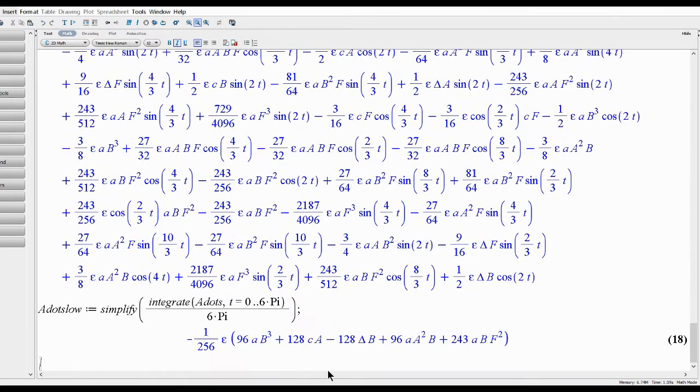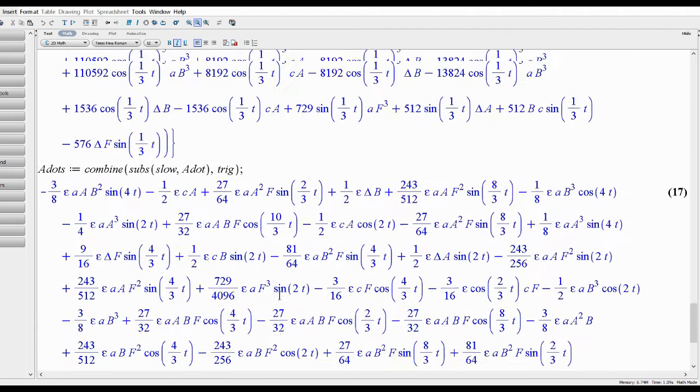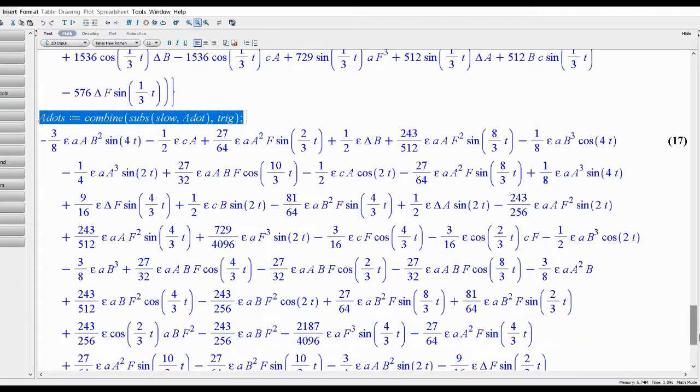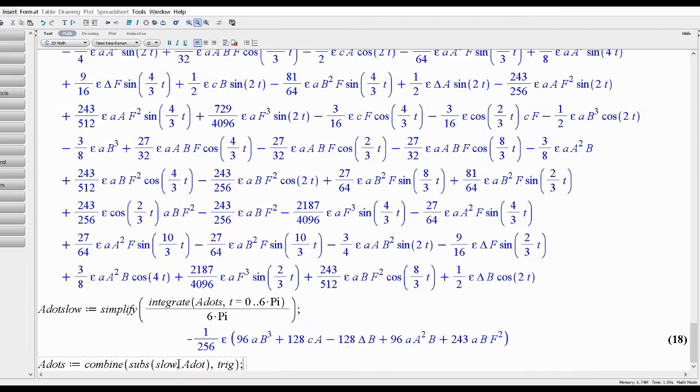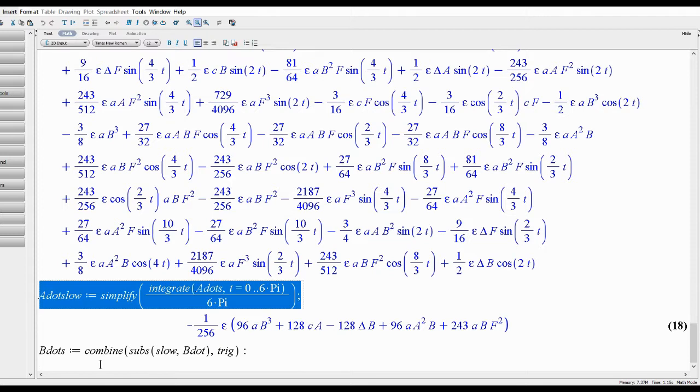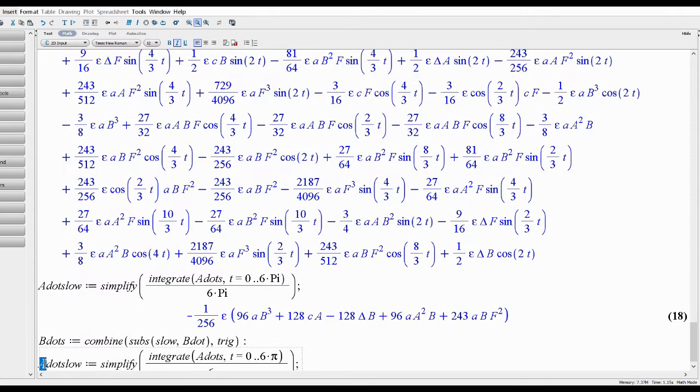Okay, so here is the slow flow, and I think you will agree that this is really not that different from other things that we have done. It's sort of very peculiarly similar, but let us proceed and you will see. Okay, so now what I want here is B, and what I want here is B, and I will suppress this, and then I will use that same expression here.